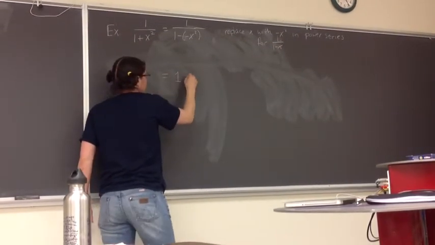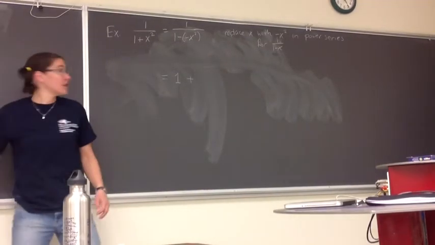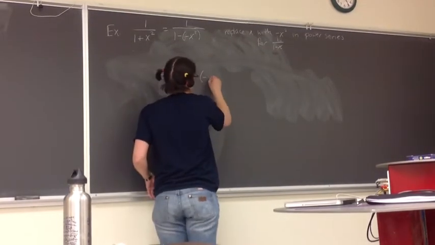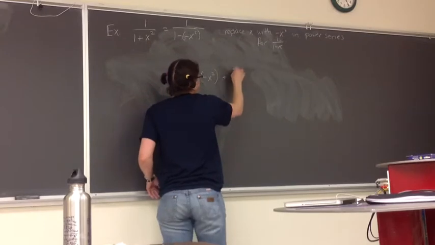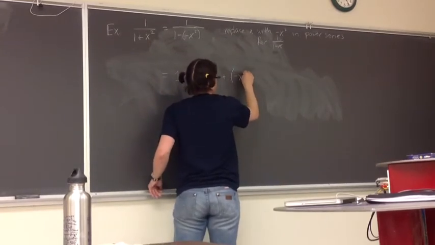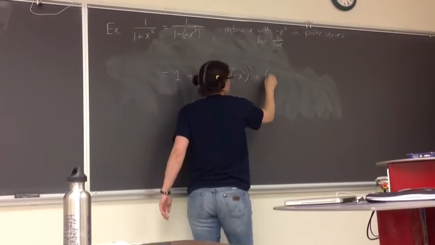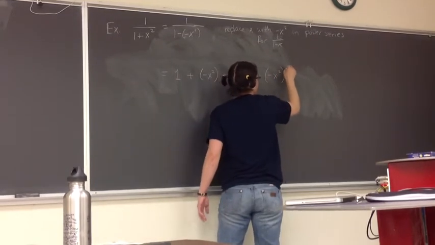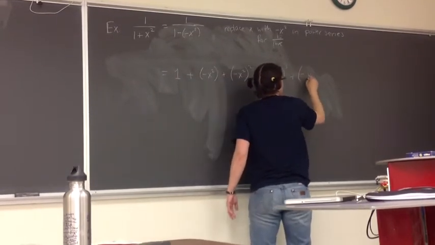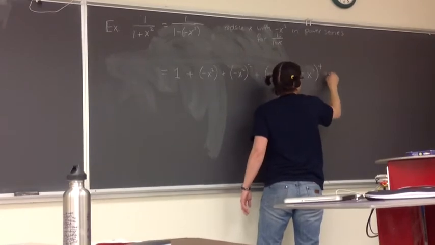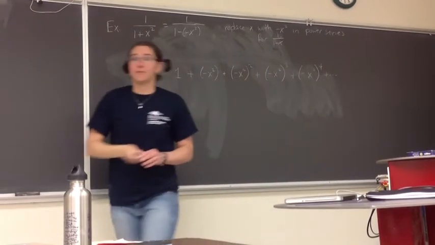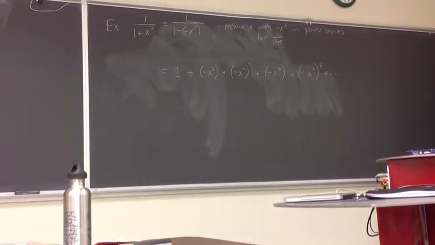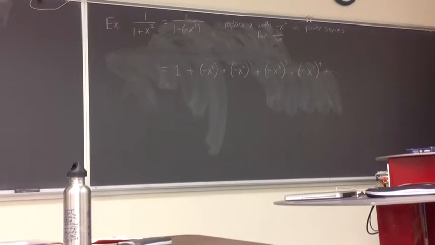So we end up with 1 plus, instead of an x, a negative x squared, plus negative x squared raised to the second, plus negative x squared raised to the third, plus negative x squared raised to the fourth, plus dot, dot, dot. Are there any questions about what I'm writing down there? Not necessarily why or how, but where those values are coming from.